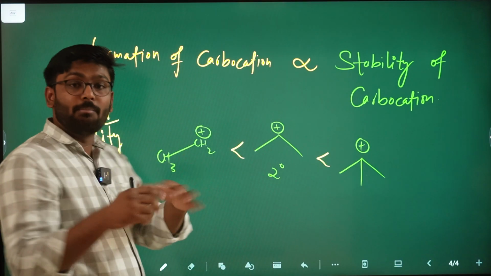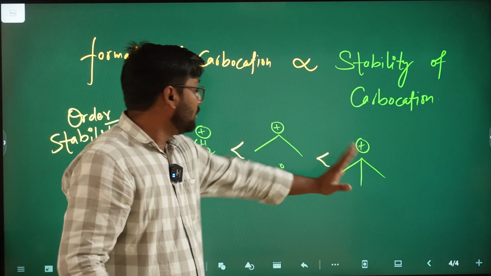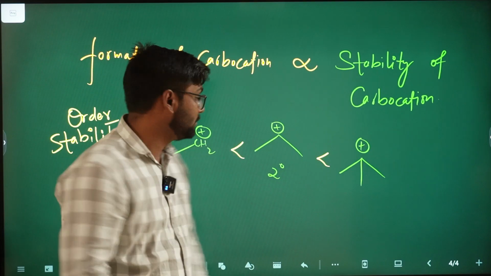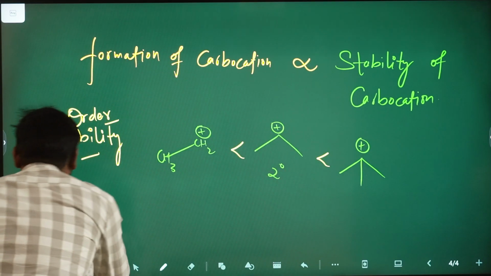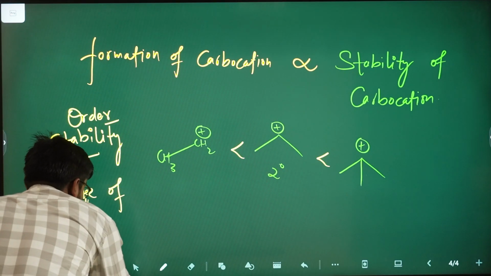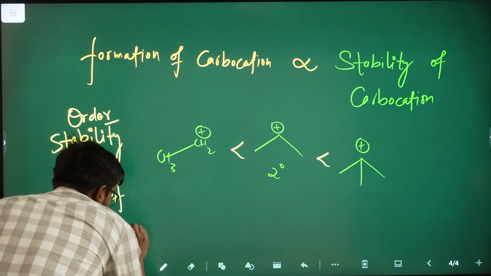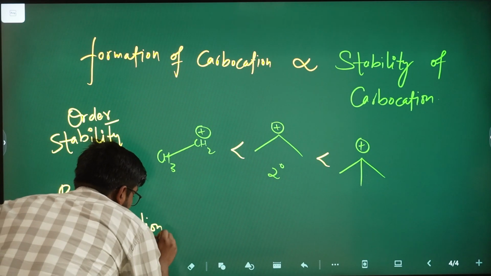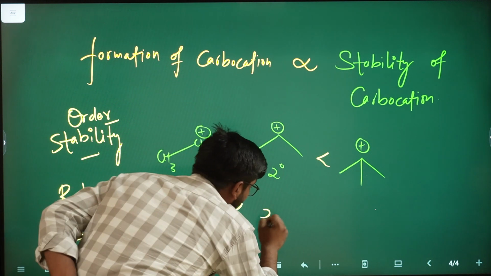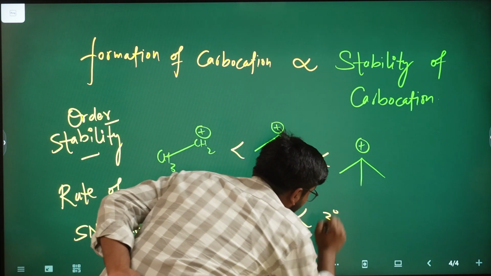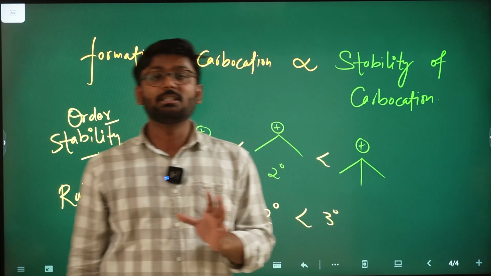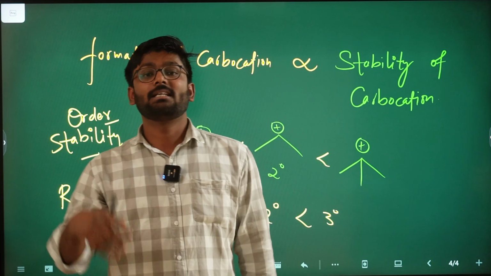So if we compare rate of reaction, this will form first, so this will go fast. So the rate of SN1 reaction is also such that 1 degree is less than 2 degree and 2 degree is less than 3 degree. So it is all about stability of carbocation. If stability of carbocation is higher, then SN1 reaction rate is higher.